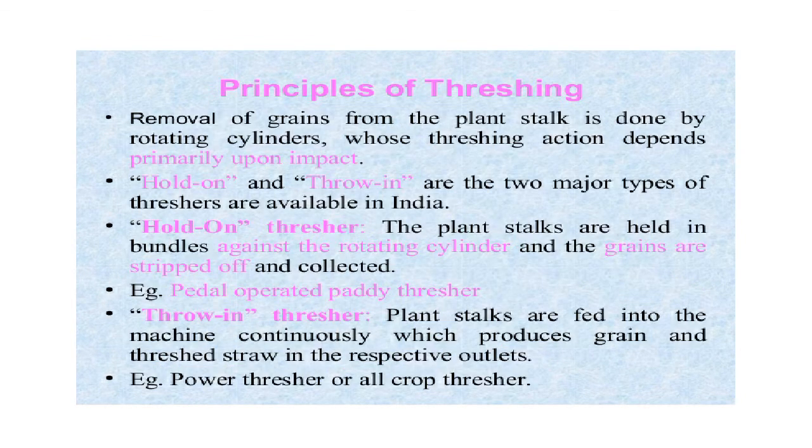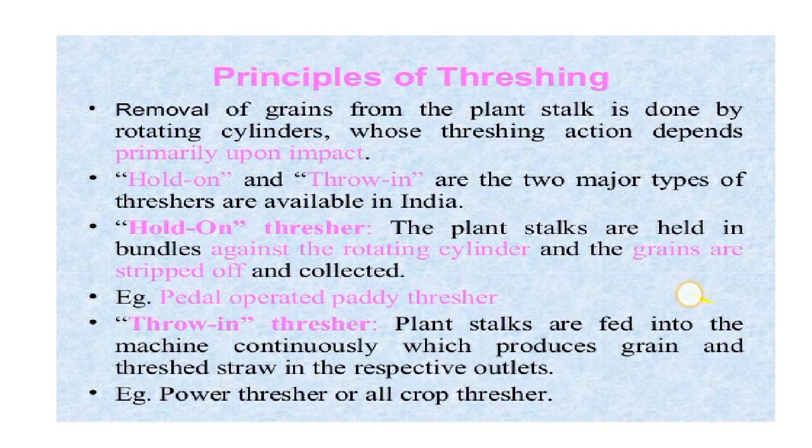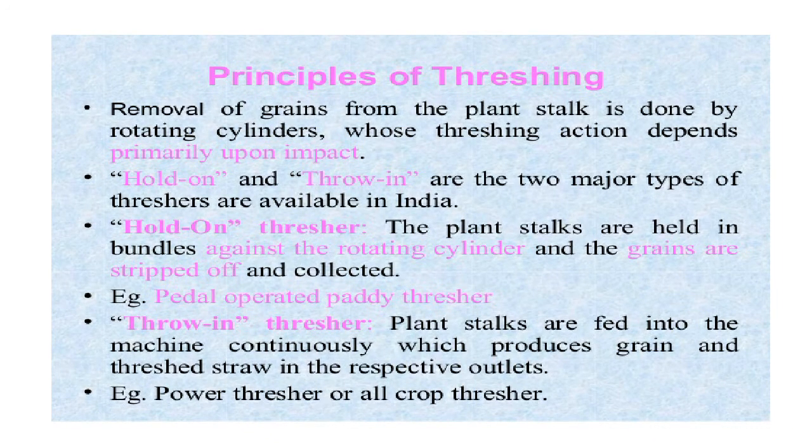Now, the principle of threshing: the removal of the grains from the plant stalk is done by a rotating cylinder whose threshing action depends primarily upon impact. Hold-on and throw-in are the two major types of thresher available in India. In the hold-on thresher, the plant stalks are held in bundles against the rotating cylinder, and the grains are stripped off and collected.